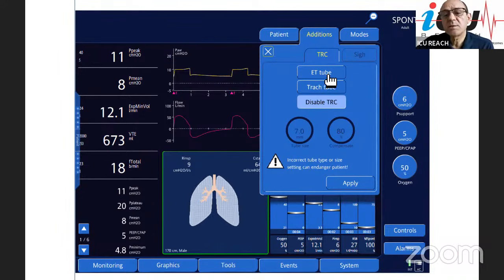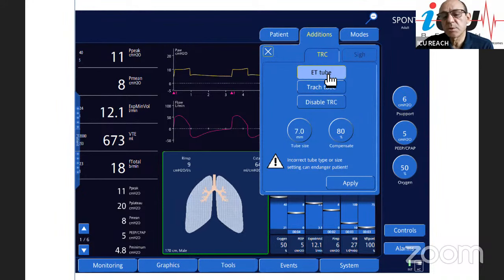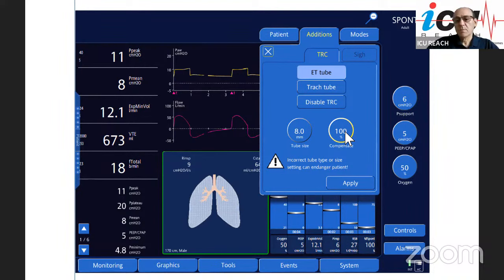Here we're using 8, so I'm going to select the 8. And then you select the tube size, and we said it's size 8. Then you select how much you're going to compensate: for tube size 8, compensating 100%.